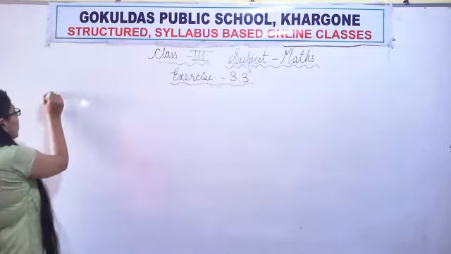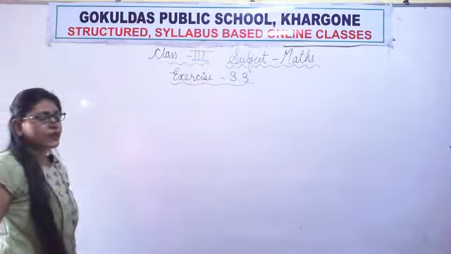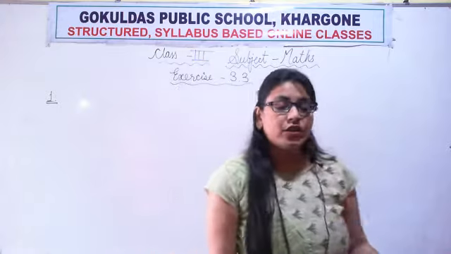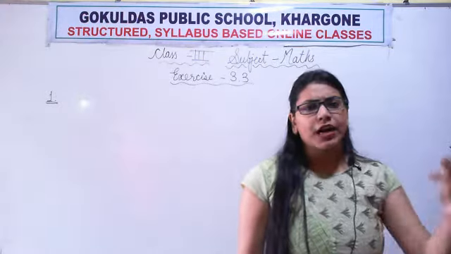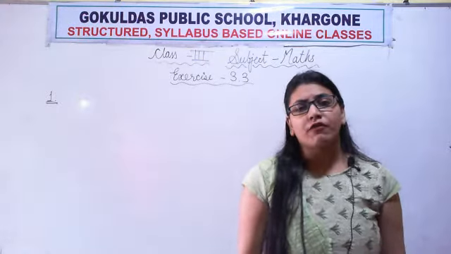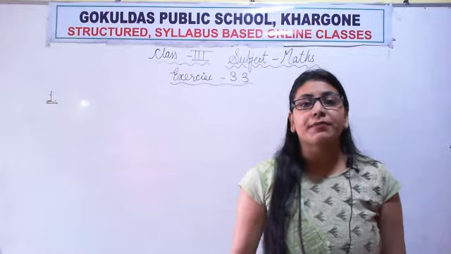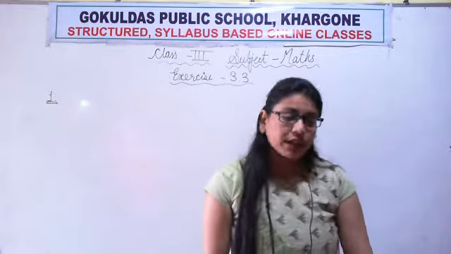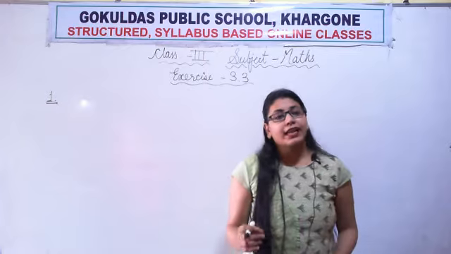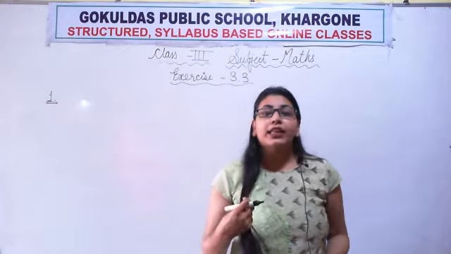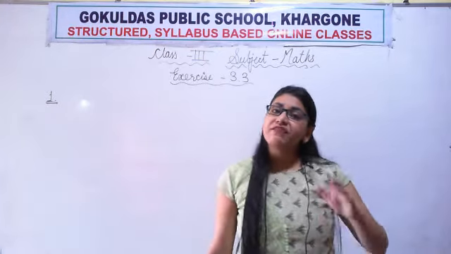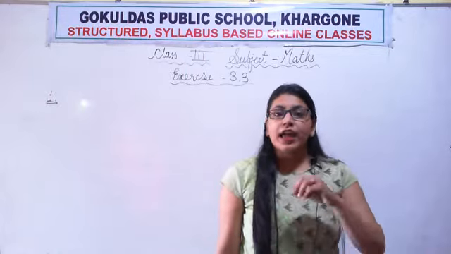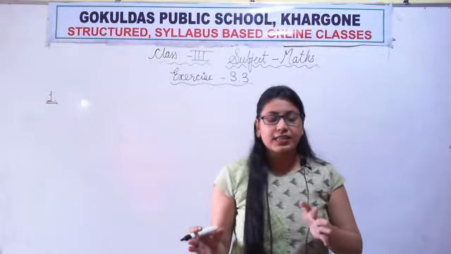We know how to perform subtraction. We had done word problems also. We know how to solve a word problem. First of all, we get some information from the question, and the question will ask us to find something.